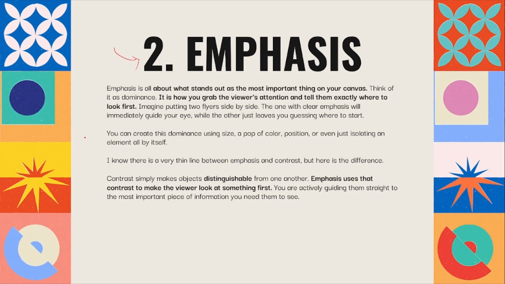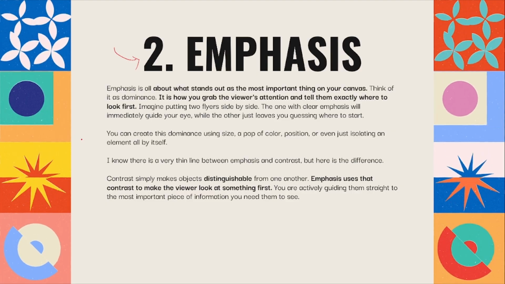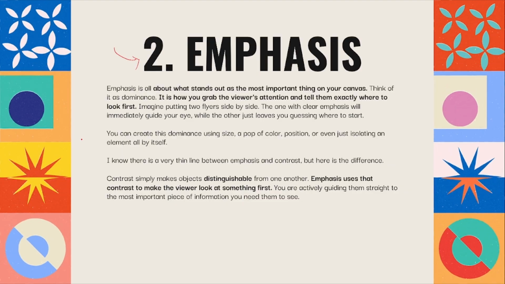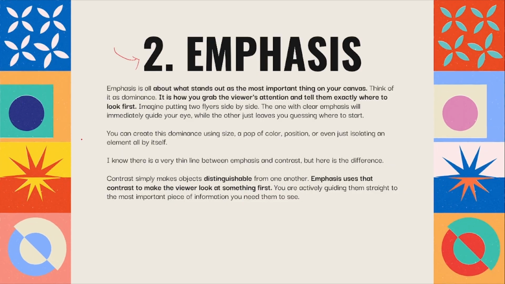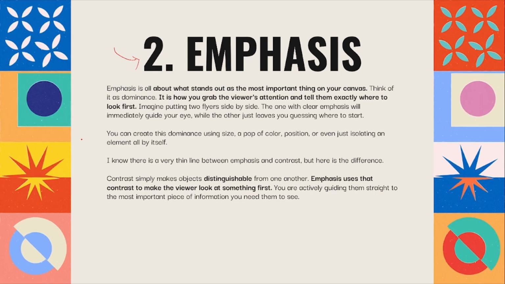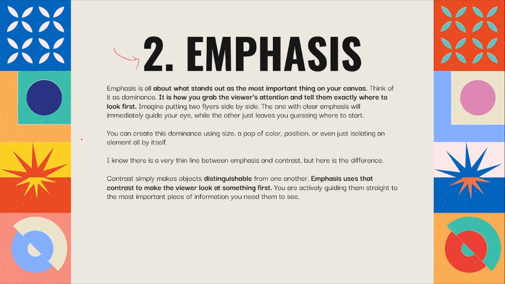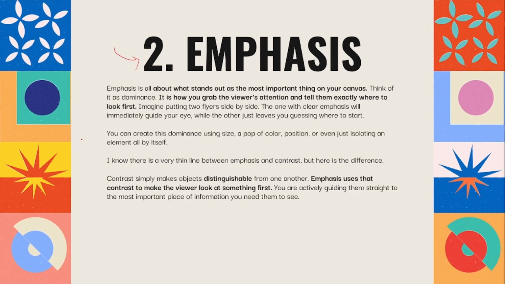You can tell them that if the logo is too big, then it's going to grab people's attention rather than the content of the design, which is not what we want. We are not designing a flyer for people to see your logo. We are designing a flyer for people to see the information in the flyer. So your logo does not necessarily need to be as big as you want it to be.